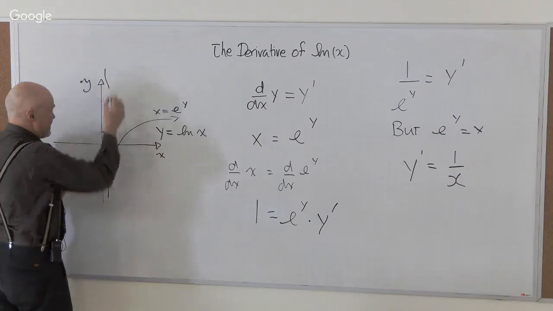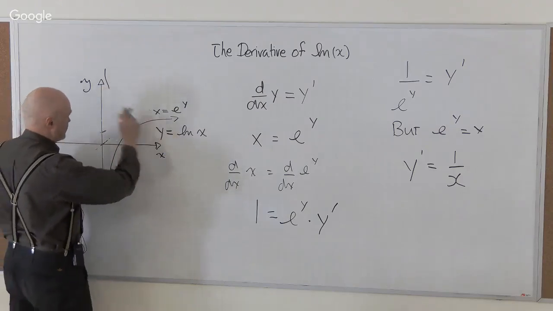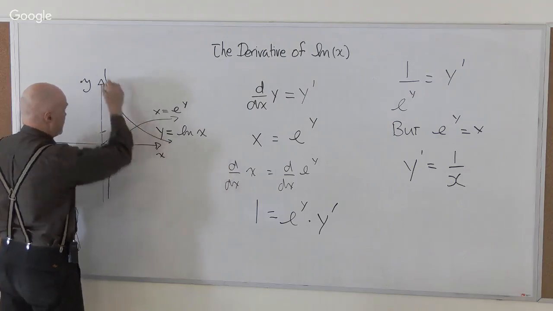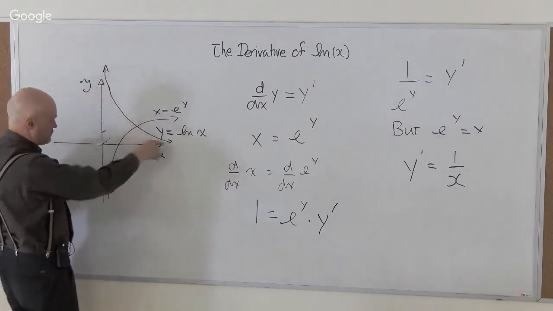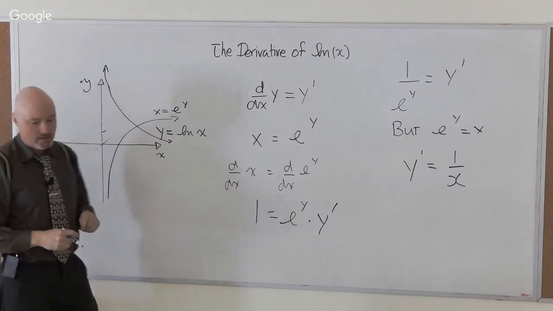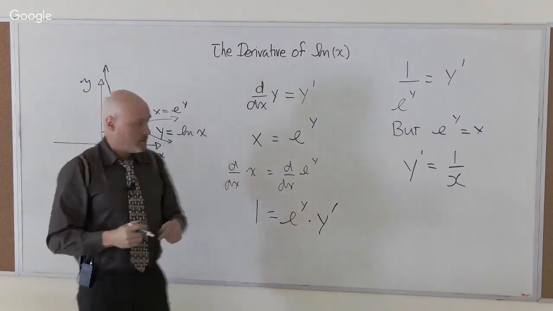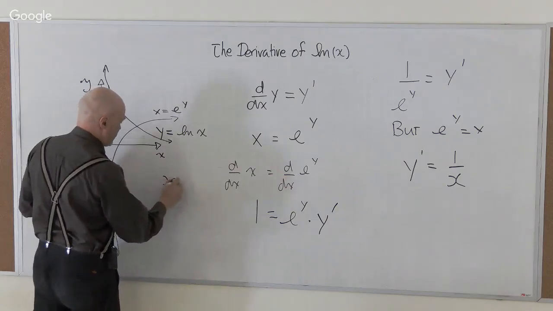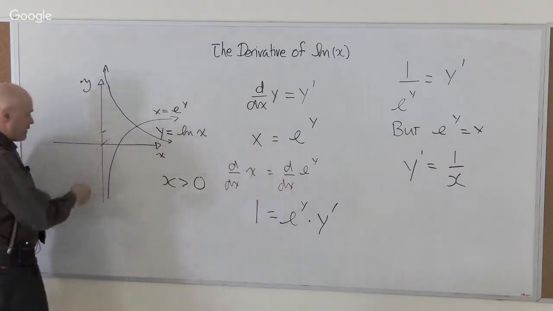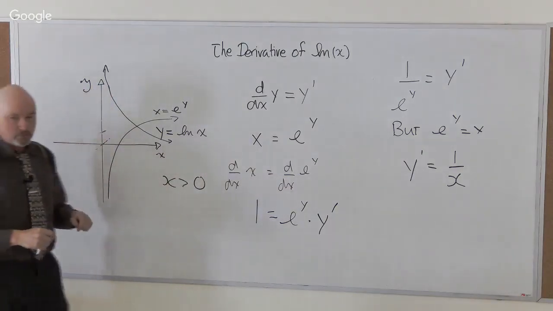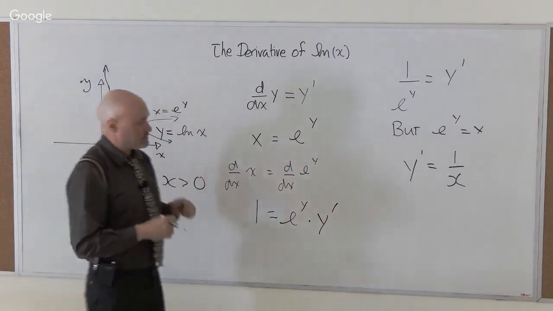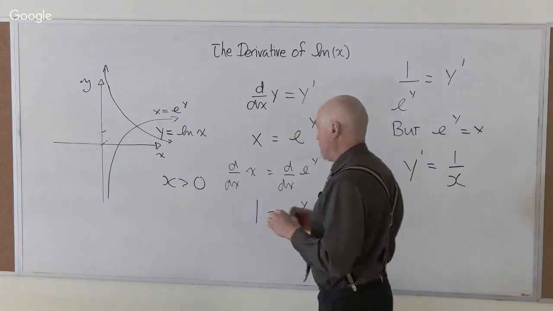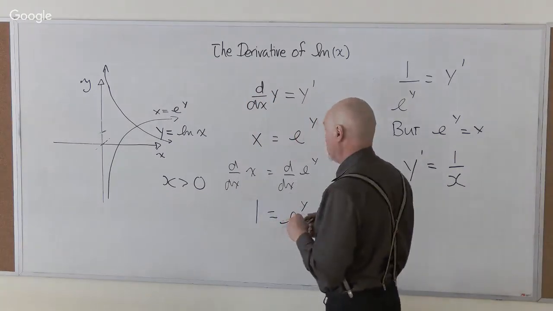Then as we continue along the curve, the derivative actually gets smaller and smaller. So this really does look like that reciprocal function. The trick here, though, is that x always has to be greater than 0. I cannot take the log of a negative number. So we have to stay cognizant of the restrictions on our domain when doing the derivatives of these log functions.